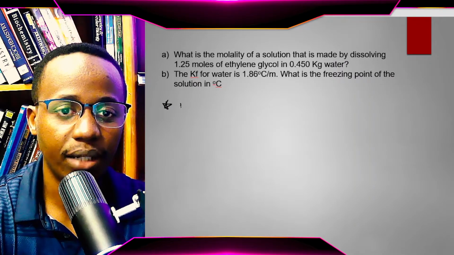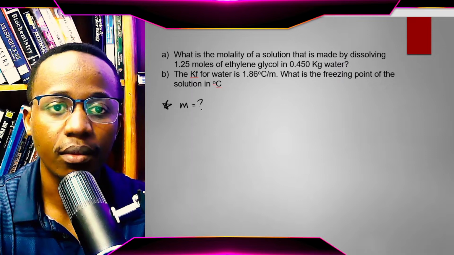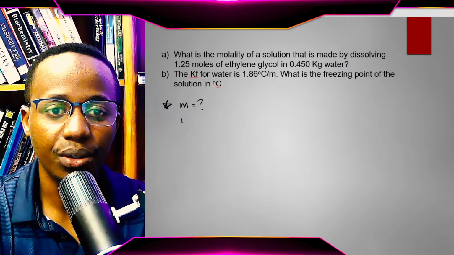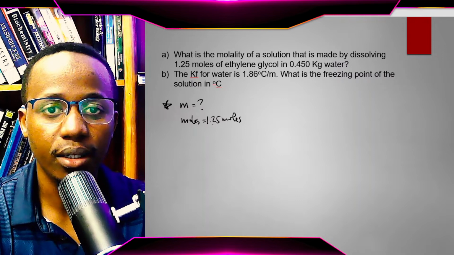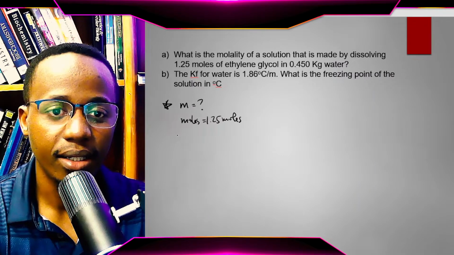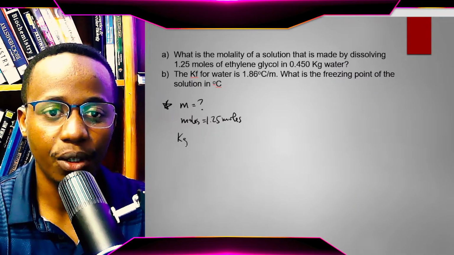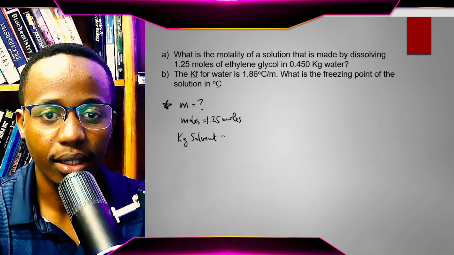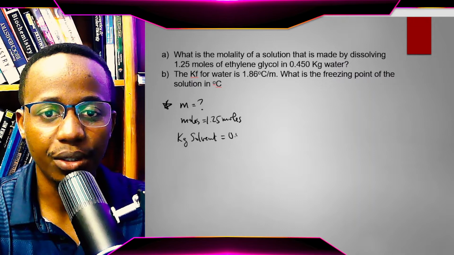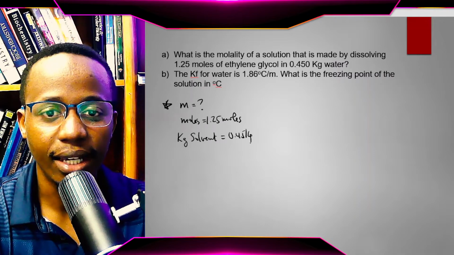They're asking the molality with small m. They are giving us the moles, so the number of moles is equal to 1.25 moles. It's the moles of solute. And then the kilograms of water, which is the solvent in this case, is 0.45 kg.